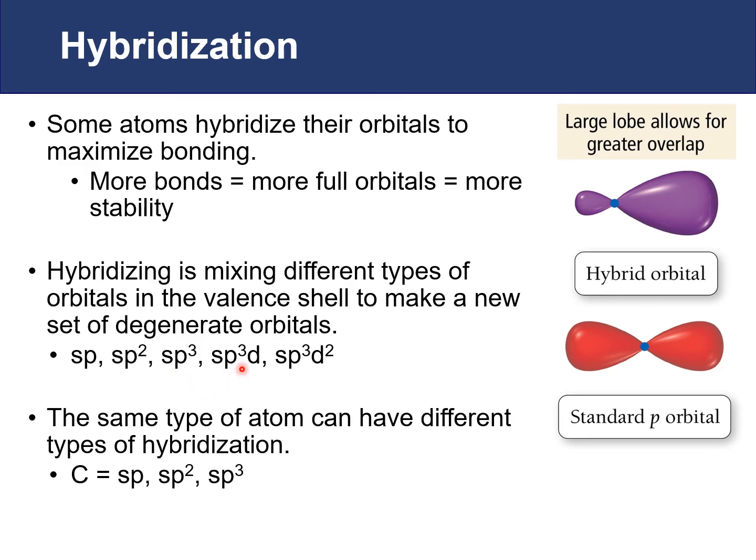The sp3d is taking one s orbital, three sets of p orbitals, and the wave function for the d orbital, and adding them all together, combining them to come up with new hybridized orbitals. And then the sp3d2 are an addition of s, three sets of p's, and two sets of d's, all mixed together to come up with the hybridized orbitals.